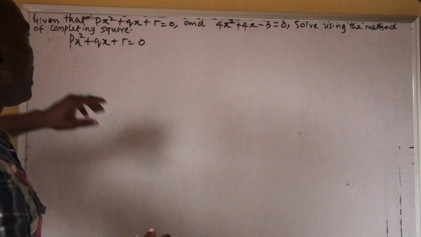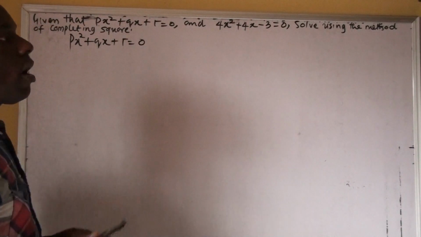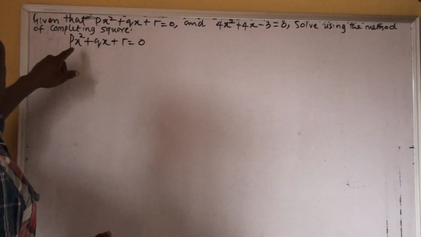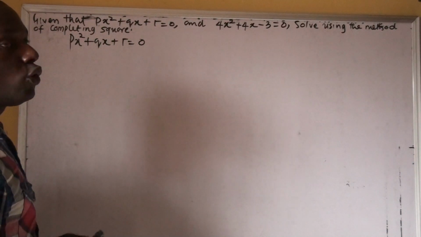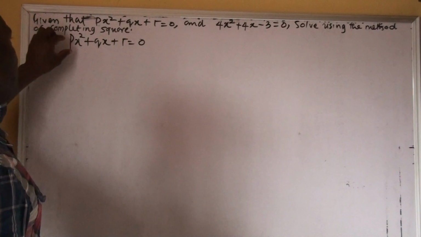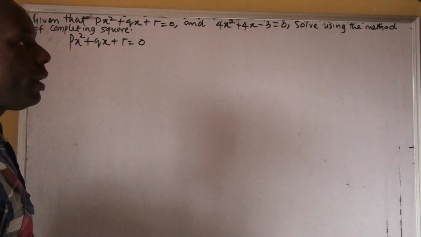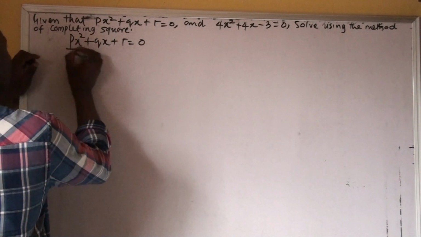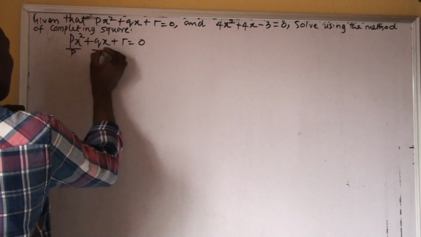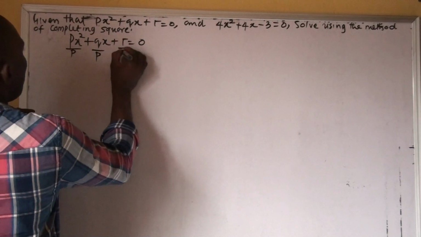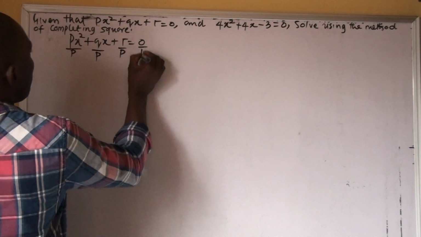The first thing you do here is to see that the coefficient of s square is reduced to 1. What's the coefficient of s square? It is p. So here we divide this equation through by p: p divided by p, q divided by p, r divided by p, 0 divided by p.